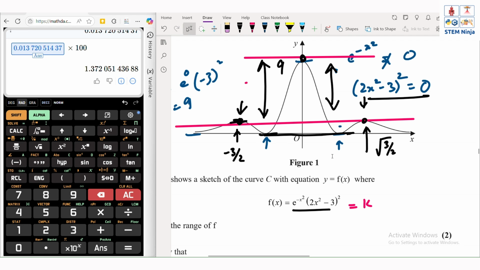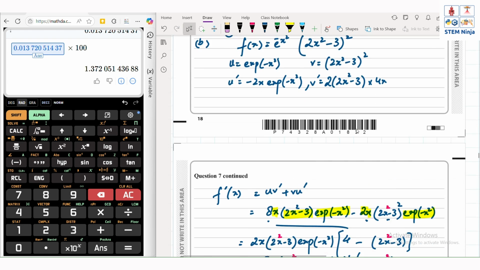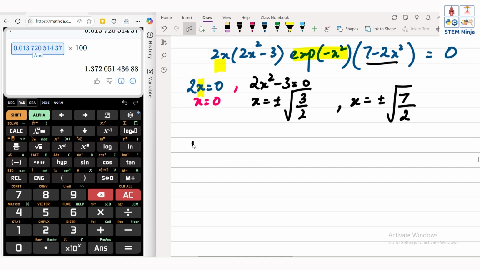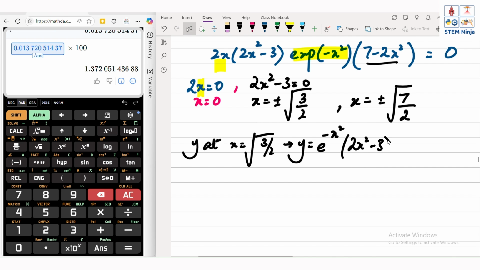From 9 to, we just need to find the y value of this. So y at x equal to square root 3 over 2 would be e raised to power minus x squared, times 2x squared minus 3 whole squared. So x squared is just 1.5.